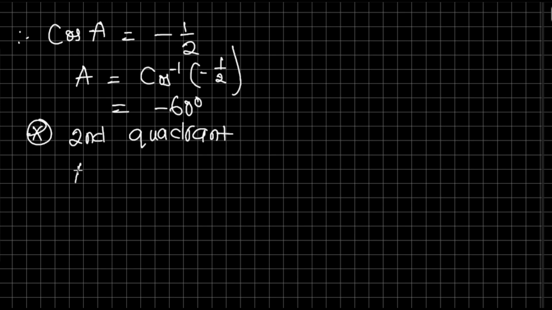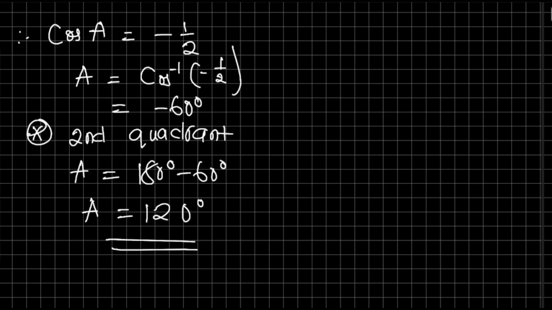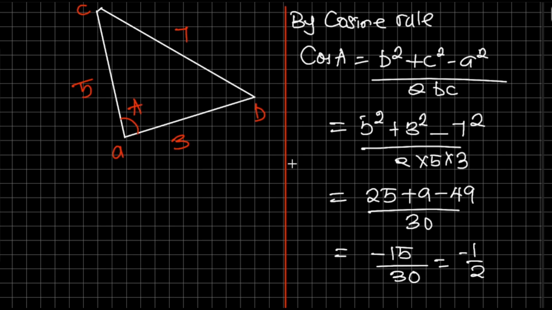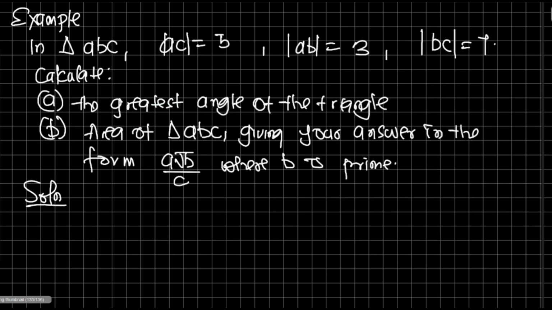So in the second quadrant, A equals 180 minus 60 degrees. So A equals 120 degrees. And that solves our first problem, find the measure of angle A. Okay, so that's A.